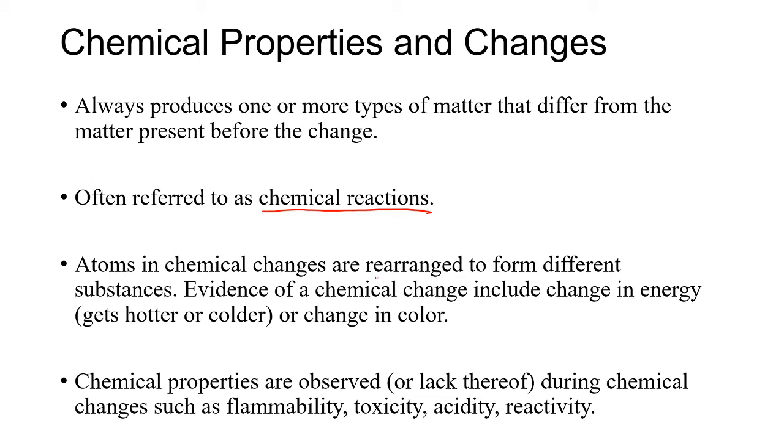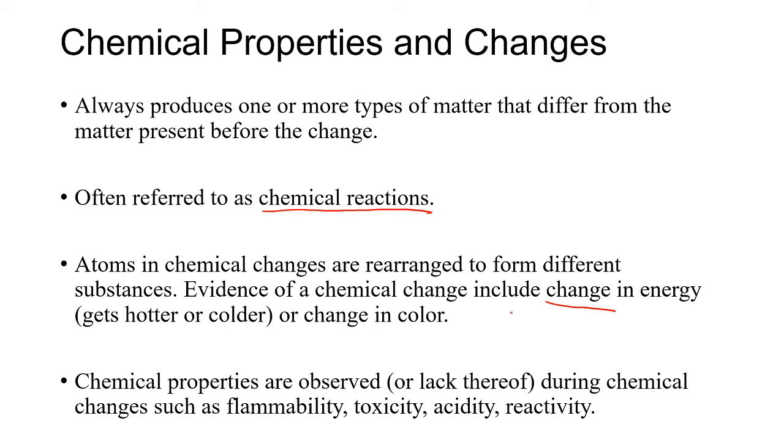So the most common chemical changes you'll experience are usually a change in energy or a change in heat, for example. So maybe something will get hotter or something will get colder, or it'll feel that way to the touch. Or if you put a thermometer in, you'll see the reading drop or the reading increase. And the other one is a change in color. And again, specifically, these are changes.